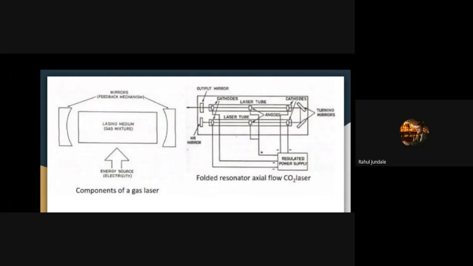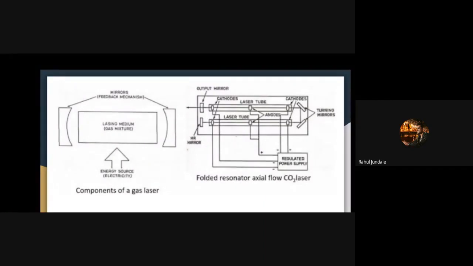As we know, laser light is coherent, it travels in space with low divergence. This is a very important characteristic. The divergence of laser light is very small as compared to normal light.